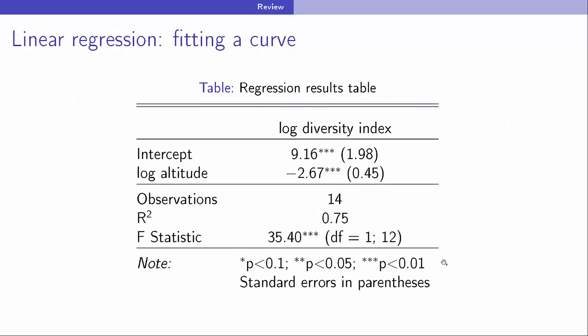In this case, I picked a log-log model, and I've got my little summary here. And so we know that this slope coefficient, when we've got a log-log model, we'll be saying a 1% change in altitude on average leads to a 2.7% decrease in the diversity index. So we got quite comfortable with doing those sorts of things.